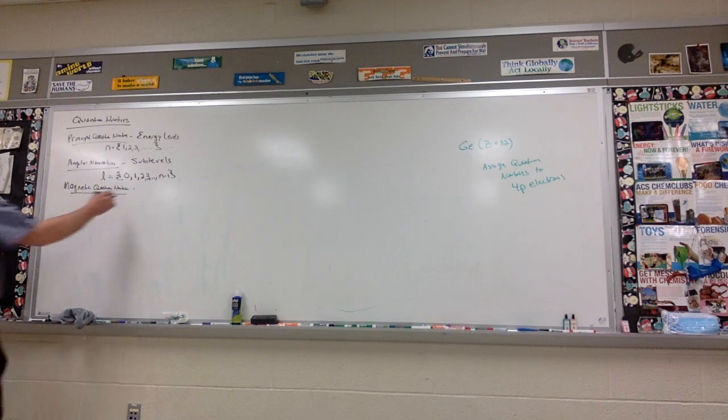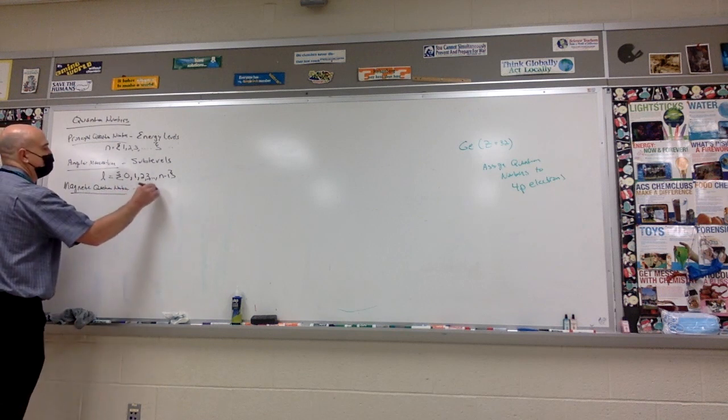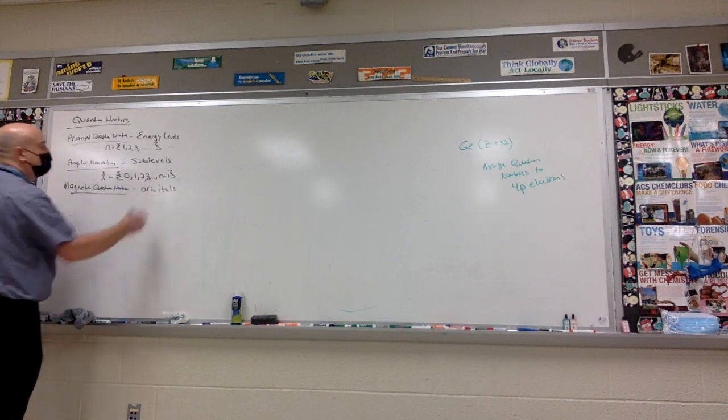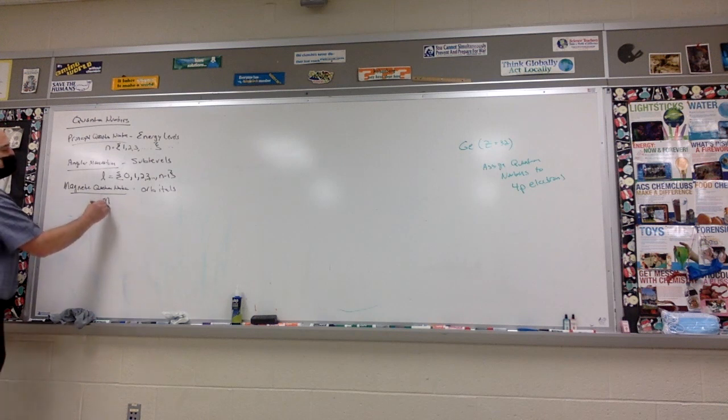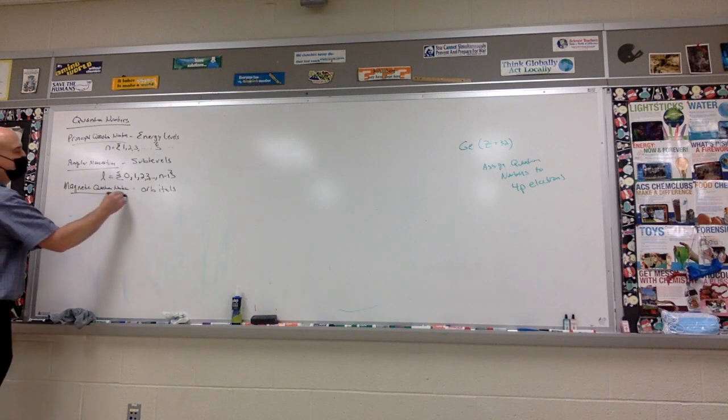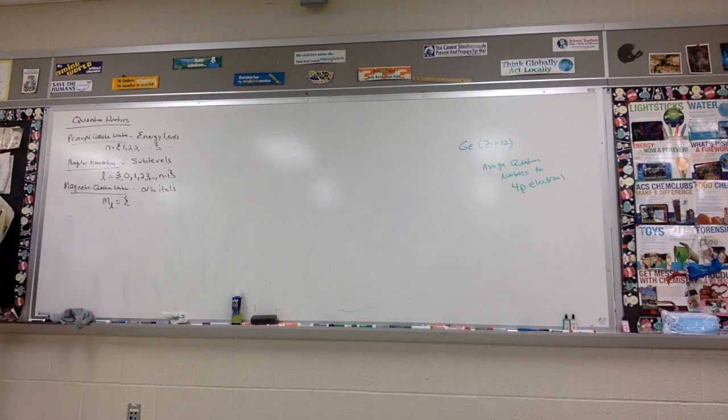So the magnetic quantum number shows us the orbitals, right? We represented that with an m sub L, right? What are the possible values there? Negative L. Right, so you have to know what your L value is. You have to know what your sublevel is.